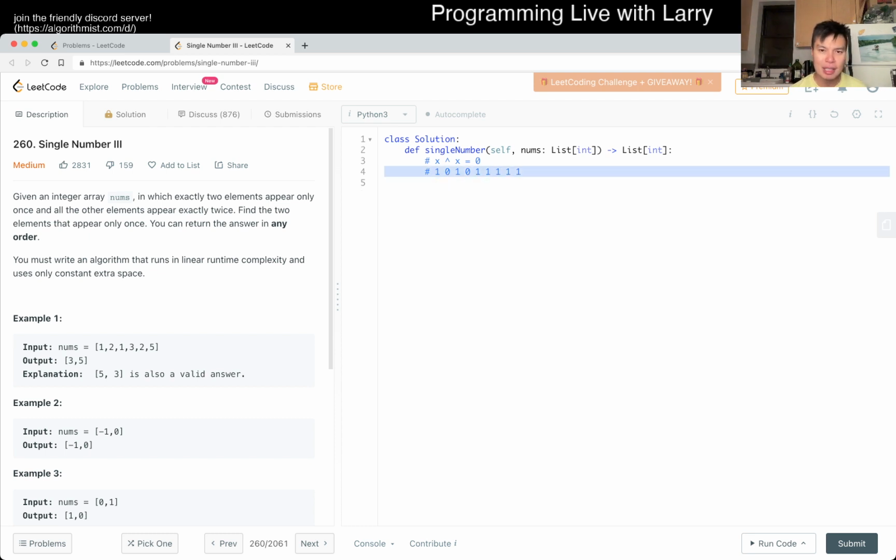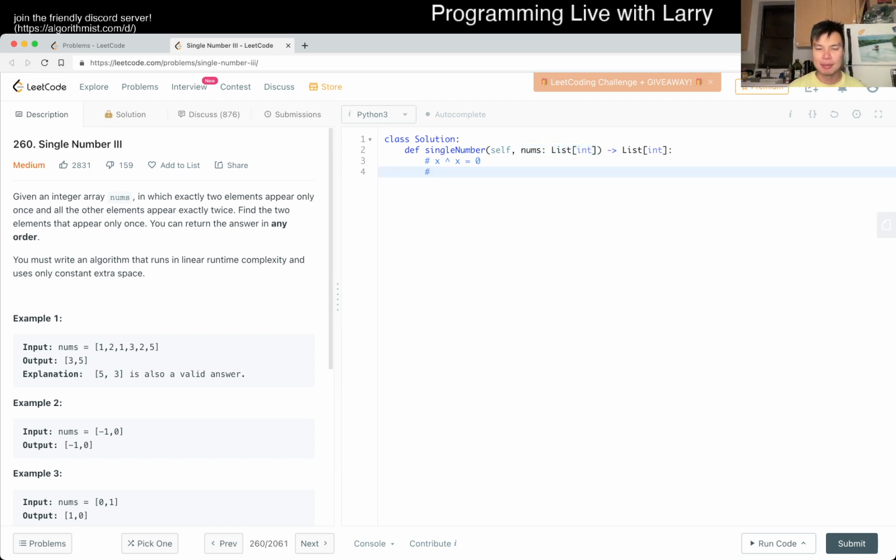Now, through this idea, we think, okay, what do we get? We have two numbers that appear once and the other numbers appear twice. So if we XOR everything together, what do we get?